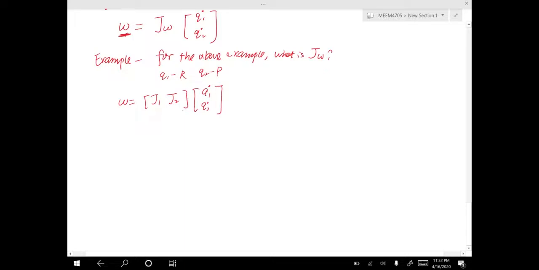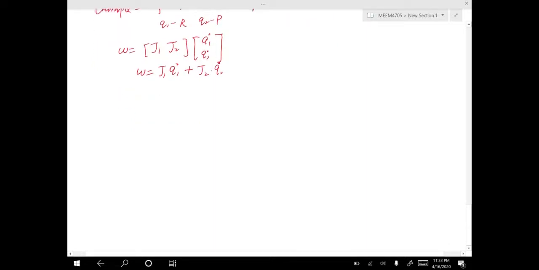Okay, and what is J2? If we do the calculation, omega equals J1 times q1 dot plus J2 times q2 dot. In this case, for the end effector's angular velocity, the second joint is a prismatic joint, so it should have no effect on the final angular velocity.